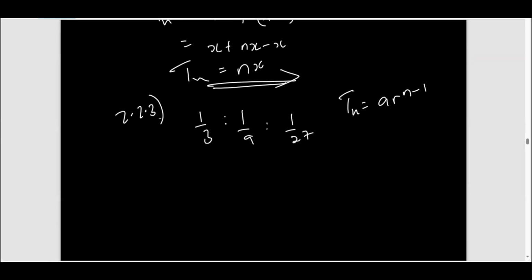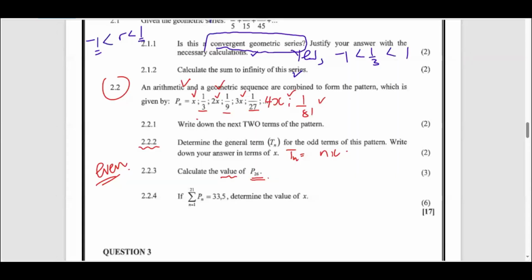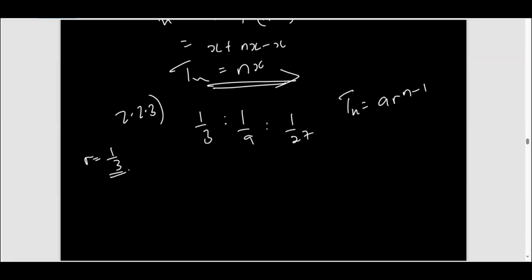What's the r? The r was just 1/3. Then the question is not asking for T26. We're going to look for T13 of the even pattern, because 13 will represent the odd numbers and 13 will also represent the even numbers. So I need to find T13.